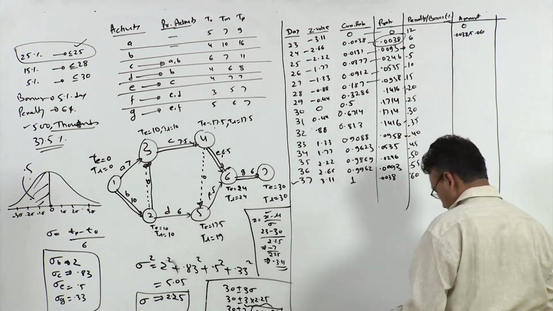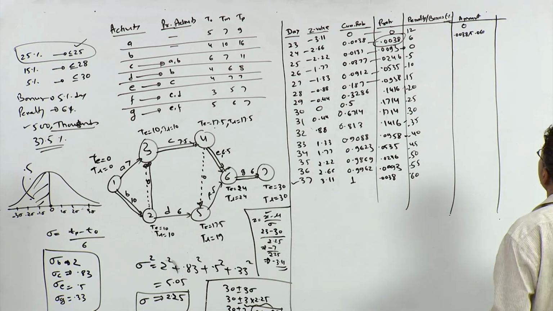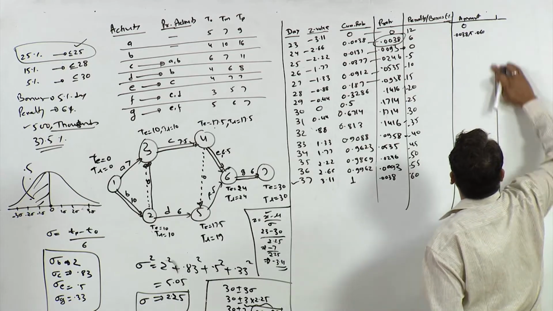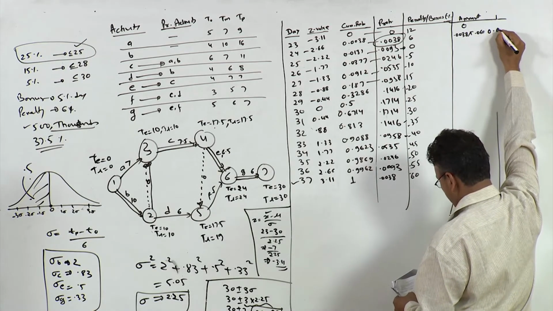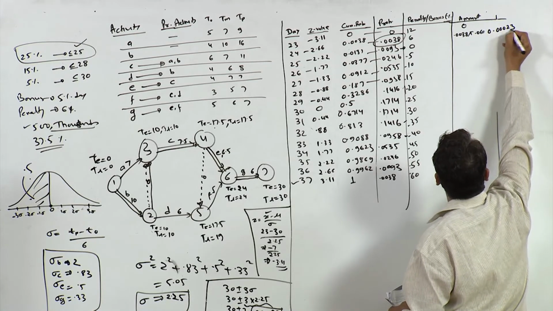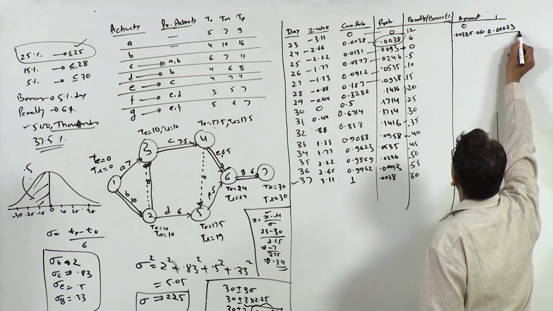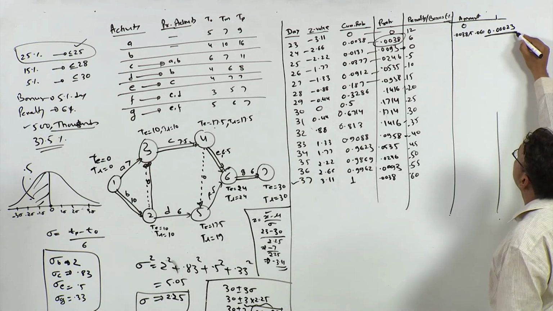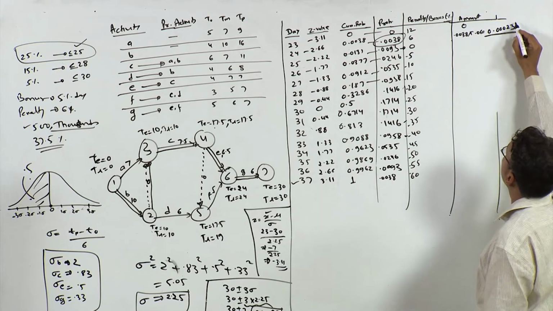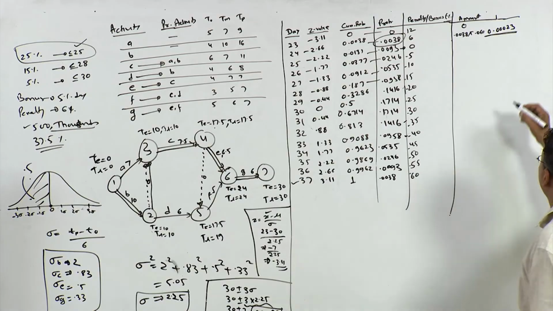So this value is the amount, and that value is 0.00023. So this is the amount of bonus. Of course we will multiply it with the actual amount.